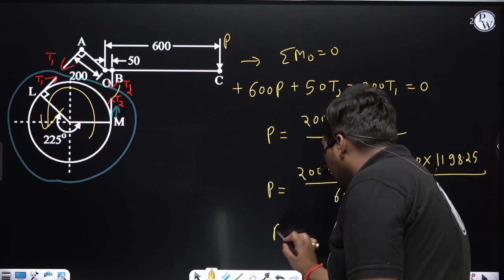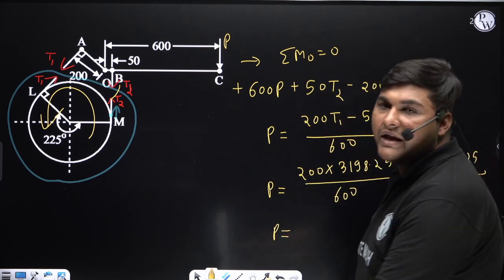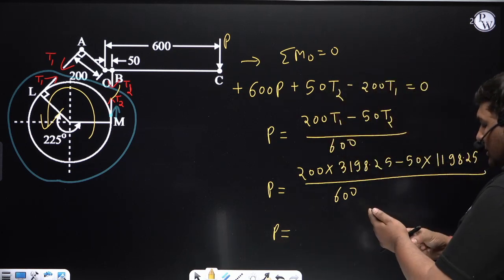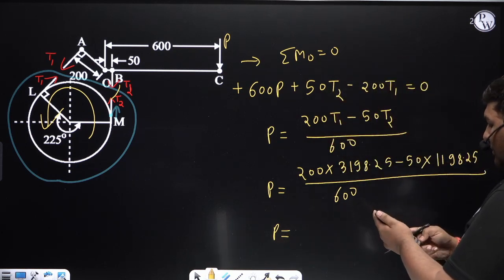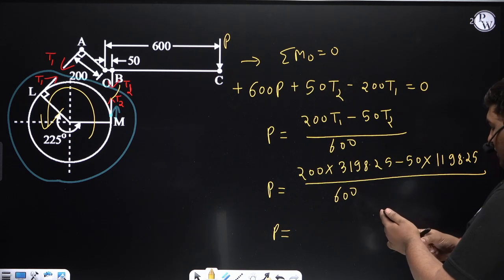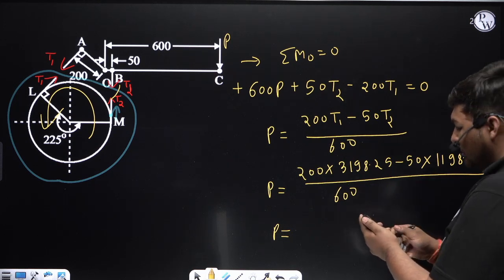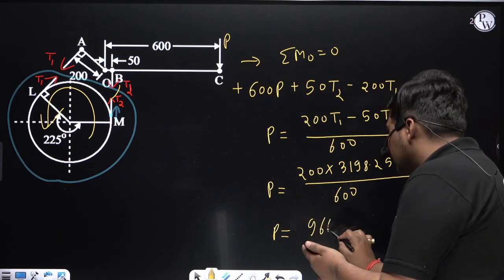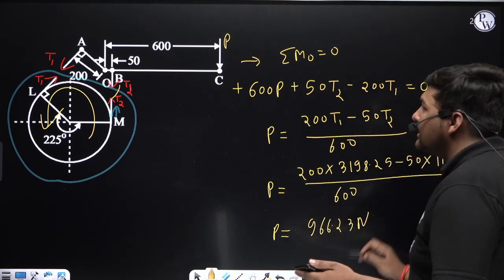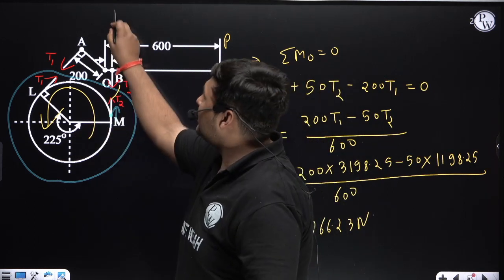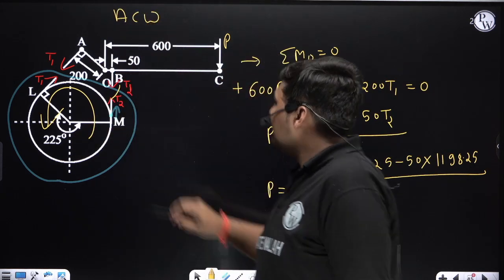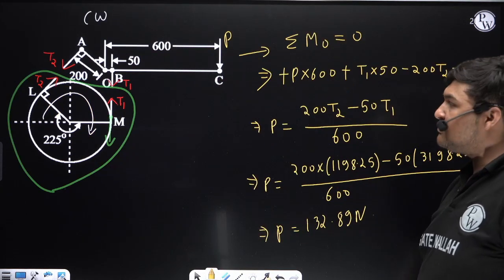So from this equation we can calculate the value of effort P, and it is 200 into 3198.25 minus 50 into 1198.25 divided by 600. After solving, it is coming nearly 966.23 Newton. Means for anti-clockwise rotation of drum, braking effort is 966.23 Newton.